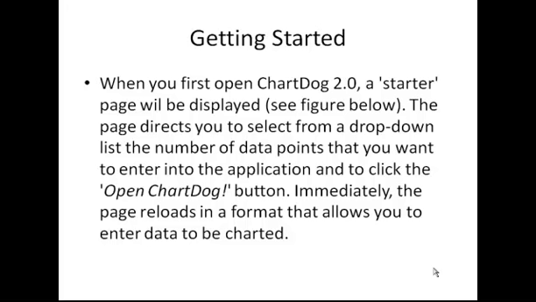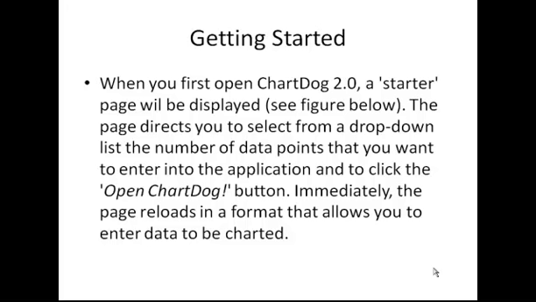First of all, when you open up ChartDog, a starter page is going to be displayed. And so I'm going to go through all the information, and then you're going to see the chart. The page directs you to select from a drop-down list the number of data points you want. And for this first project, this CBM project, the introductory, you are going to have 20 data points.